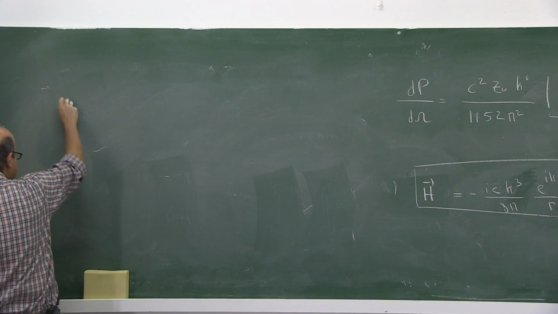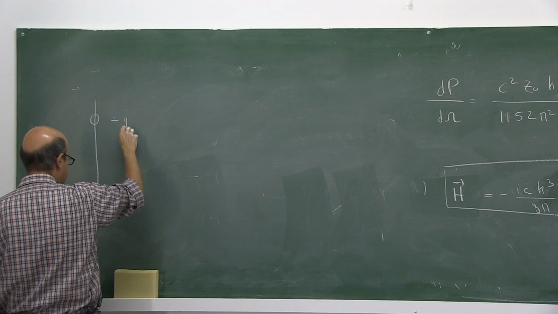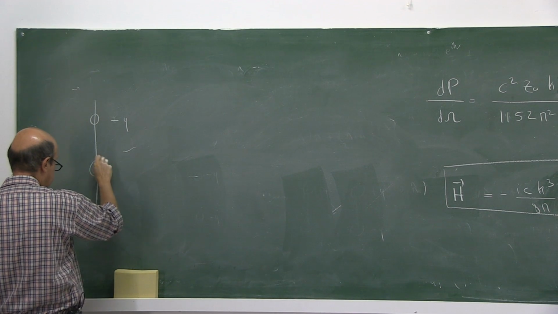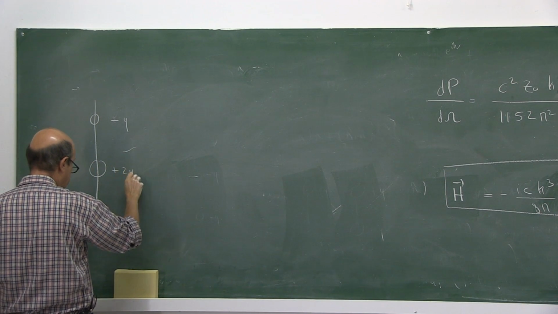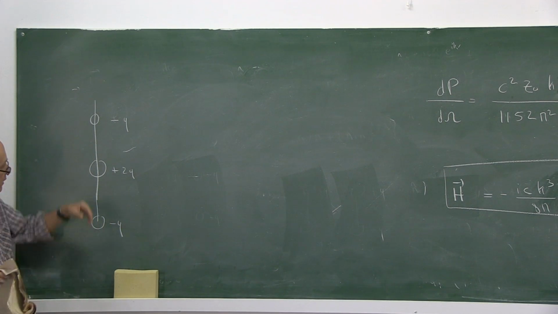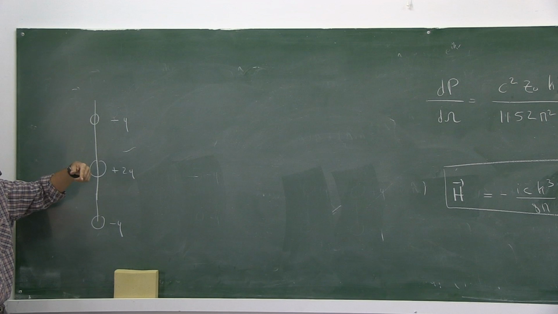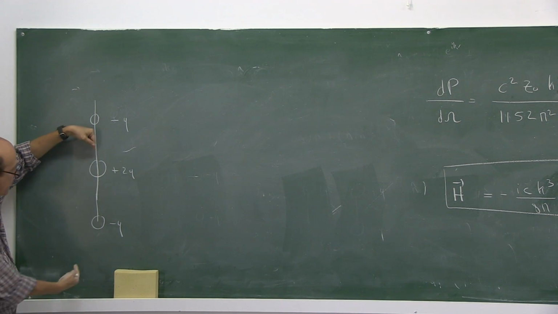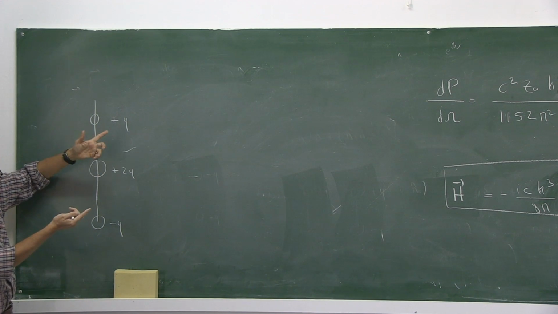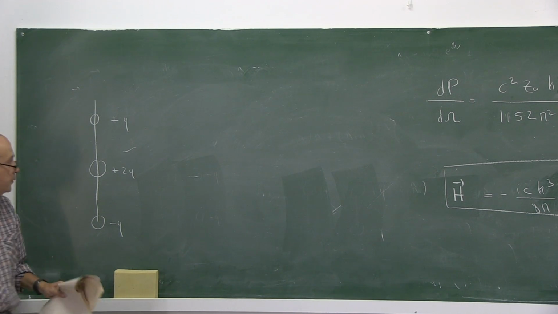Suppose this is one charge here, minus q, and in the middle you have plus q, and here minus q. If you look at here, you have two dipoles, but the net dipole moment is 0, because one dipole is down, one is up. So if you sum them up, that will be 0, and you will have only quadrupole. This is one typical quadrupole.